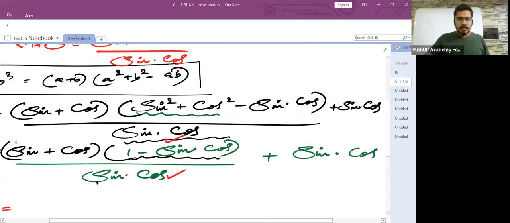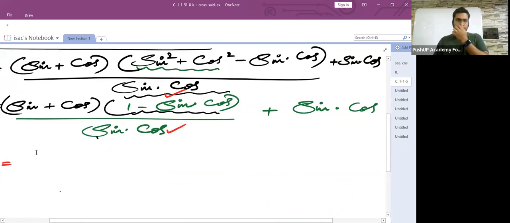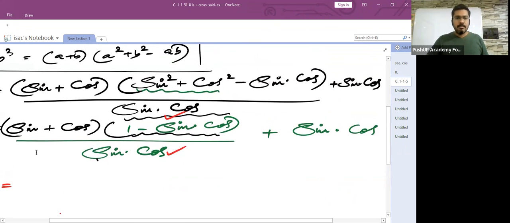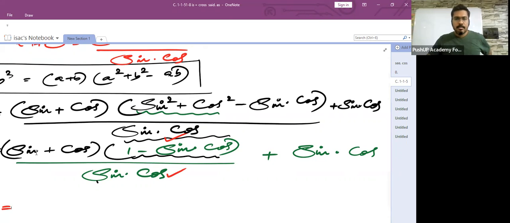Sir, I'm not sure if it's correct. It's probably wrong, but in this step where we've written sine plus cos multiplied by 1 minus sine into cos plus, if you are able to cancel that sine into cos, since the numerators are same, we cancel the sine and cos, and the brackets will be removed.